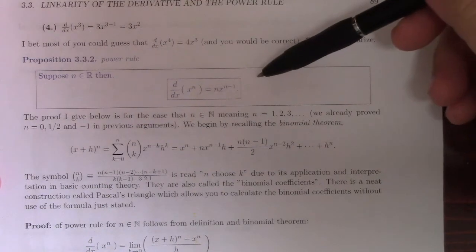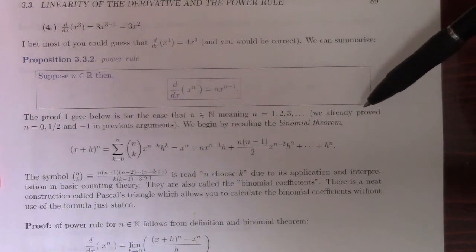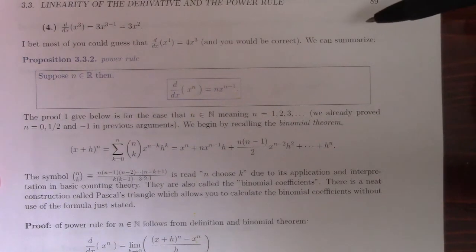So this is the power rule, as I was just saying. I give a proof here, which is based on that binomial theorem we talked about, remember? With Pascal's triangle and all that. So this is where I needed that calculation that I was mumbling about.